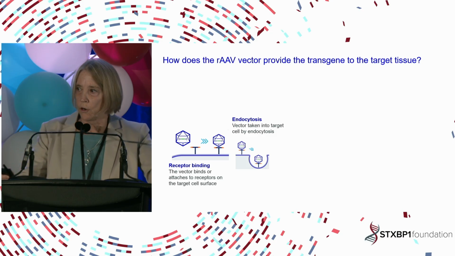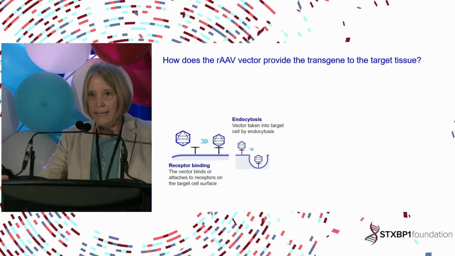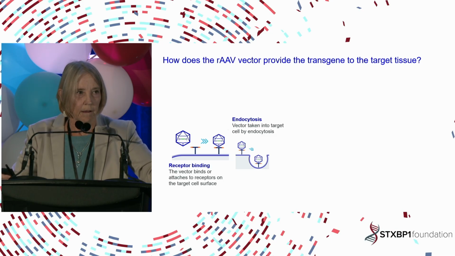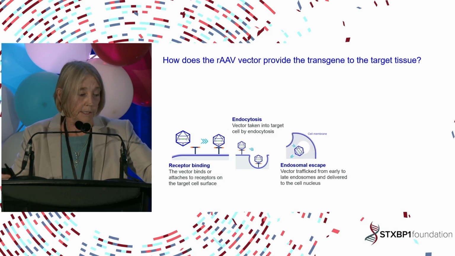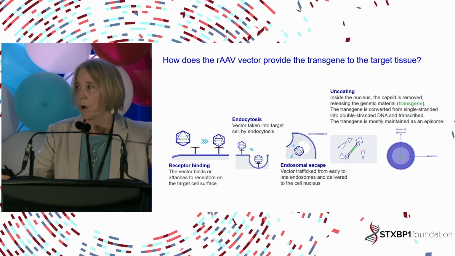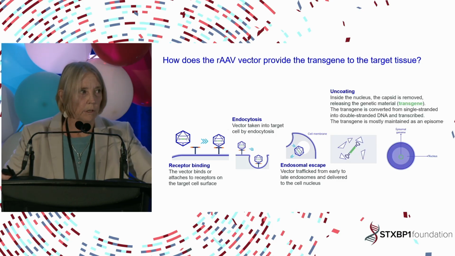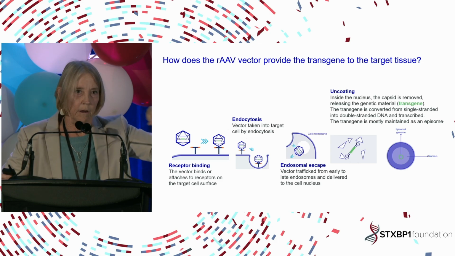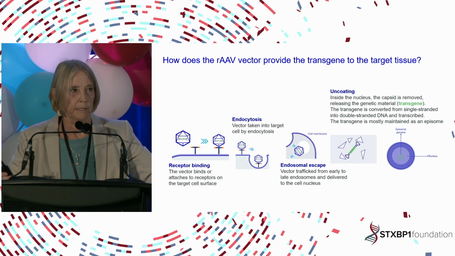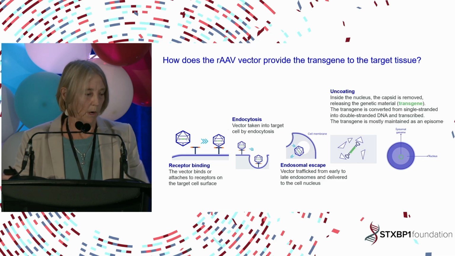And once it's internalized, what's really important is it gets out of that little bubble within the cell and goes to the nucleus. This is called endosomal escape and uncoating. And in the nucleus, that capsid is uncoated, that gene is exposed, and it can begin to express the missing gene product that we wanted to.